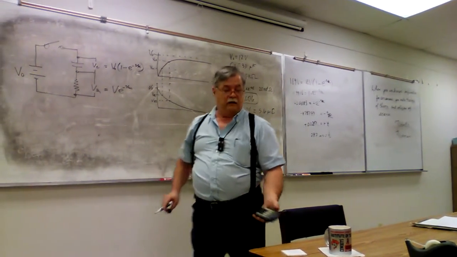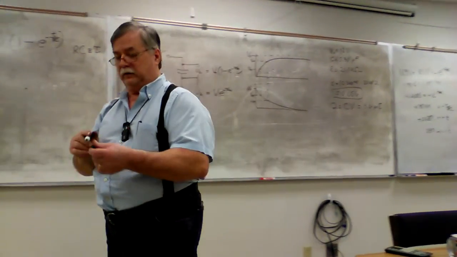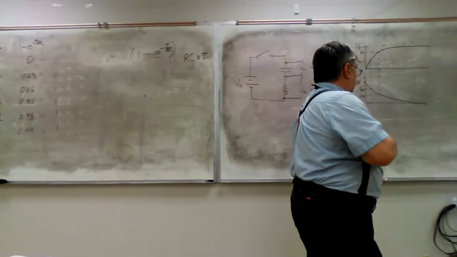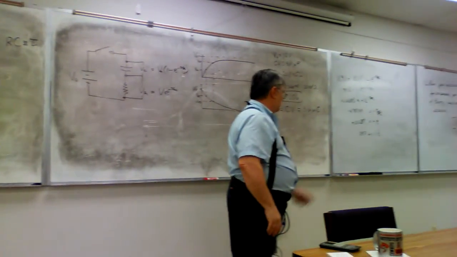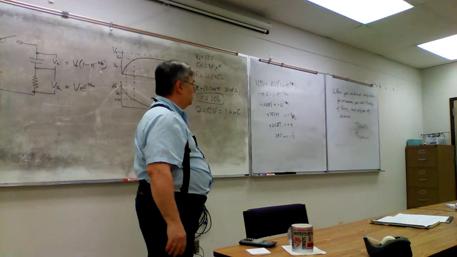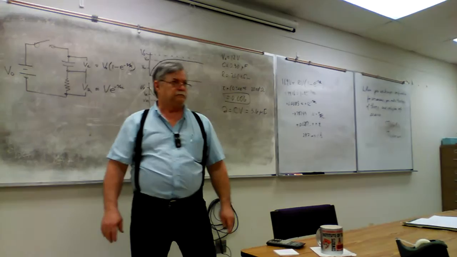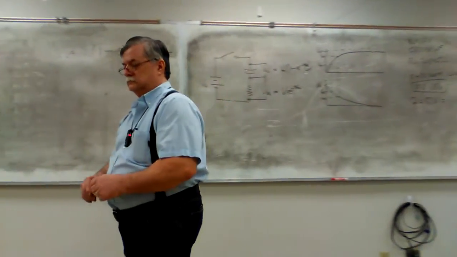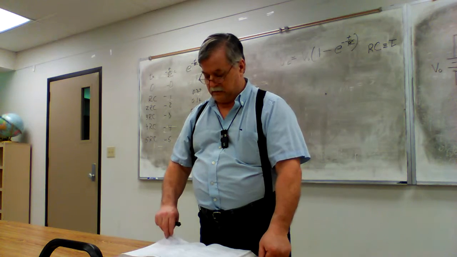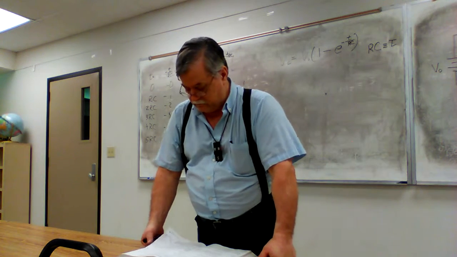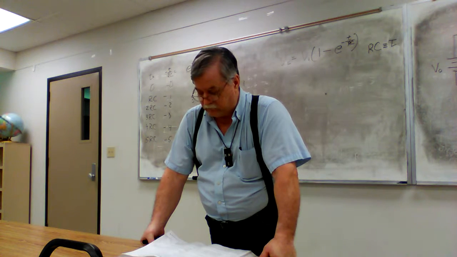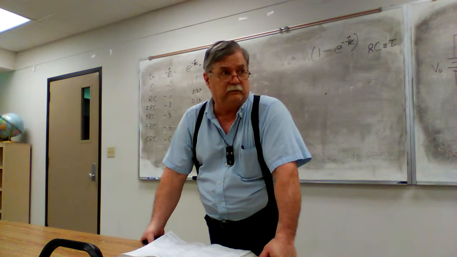So if you put a 0.3 microfarad capacitor in series with a 20,000 ohm resistor, it'll take you 28.7 milliseconds to go from 0 to 11.9 volts. Everybody see how that problem is done?